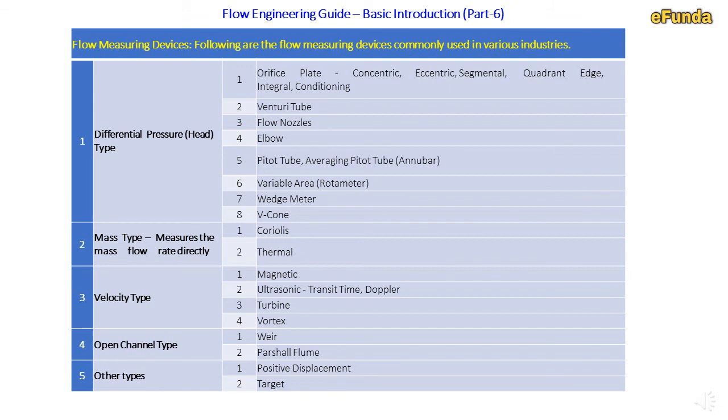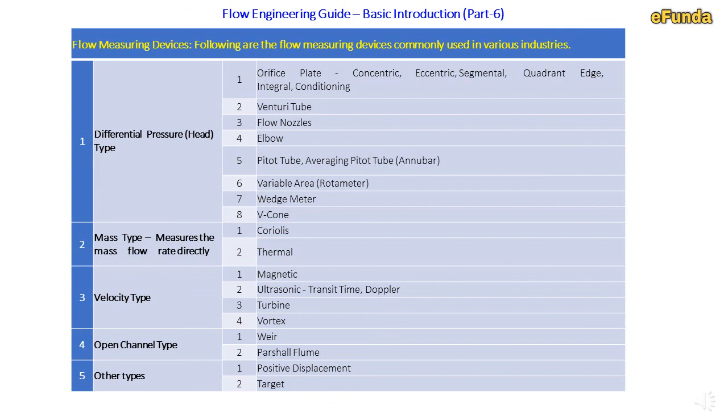As in our flow engineering guide basic introduction part, so far we have seen various properties related to the flow measurement and their various types and the importance of the Reynolds number. Now we are moving on to the flow measuring devices, where, for simplicity, we have commonly categorized the types based on their operation principles.